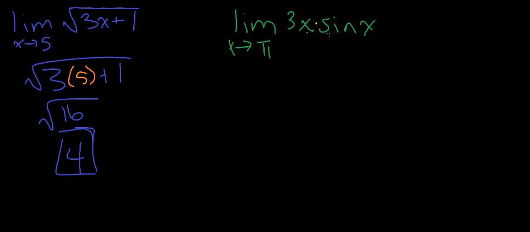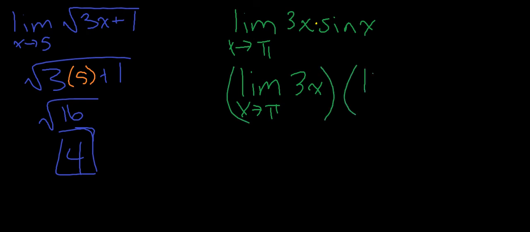So notice that this is the limit of a product, and we know that the limit of a product is the product of the limits. So we're going to split this up. This is the limit as x approaches pi of 3x times the limit as x approaches pi of sine x.